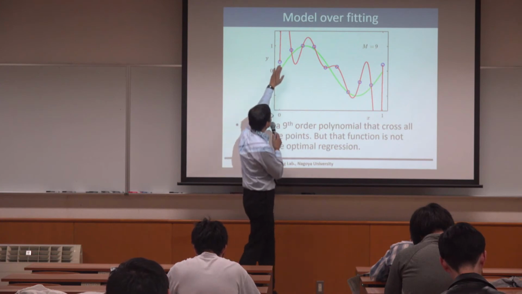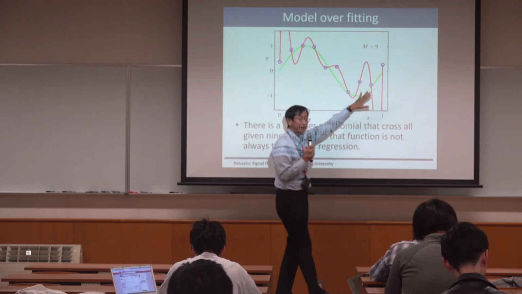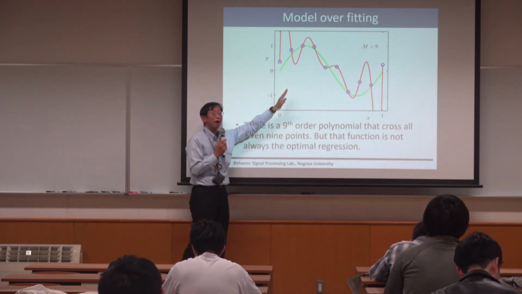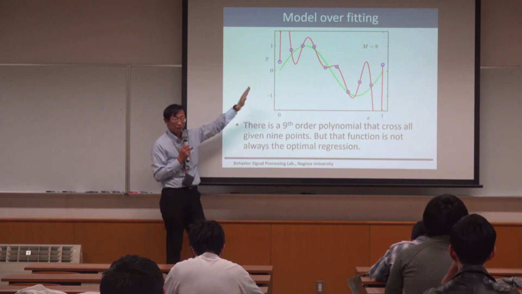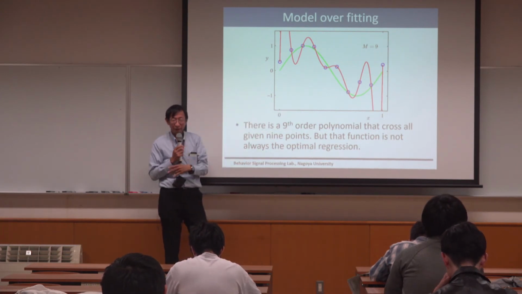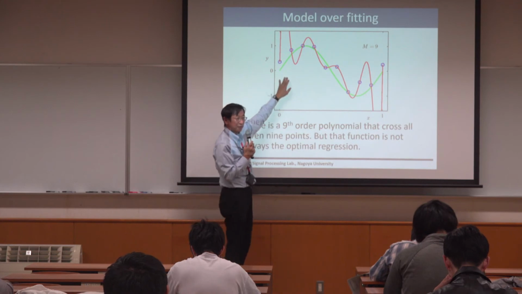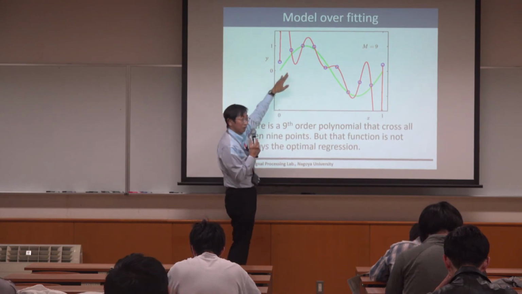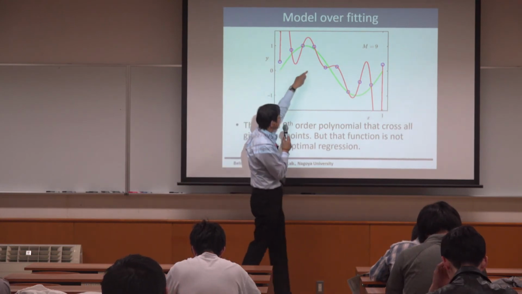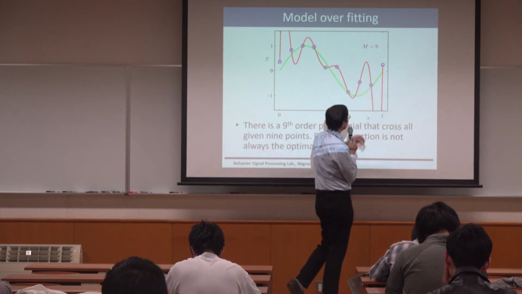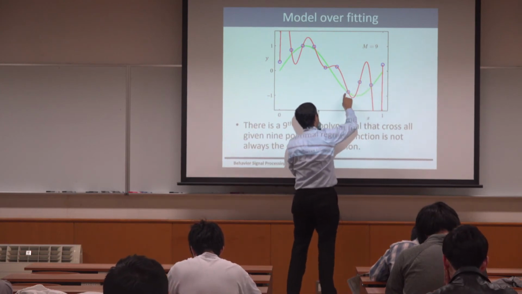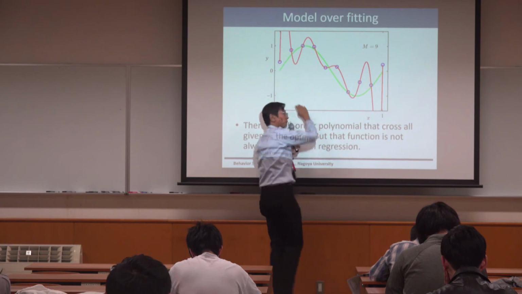And also we have only 10 samples. Therefore, we can build the perfect regression like this. Perfect means there's no error. This red line is the 9th order polynomial function and it fits all the observation points.